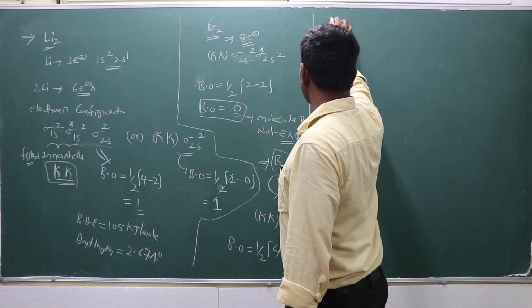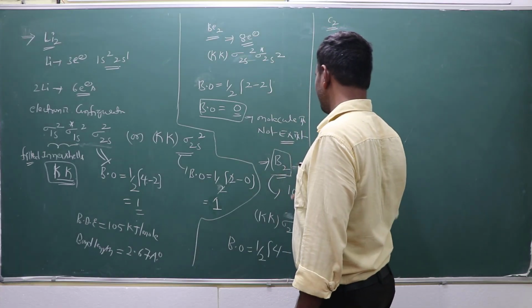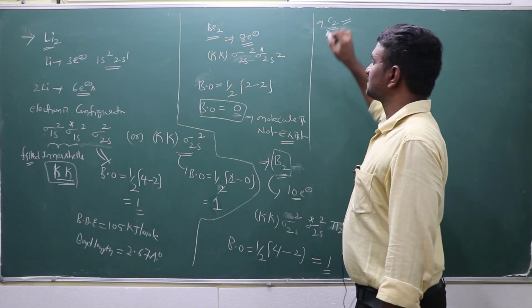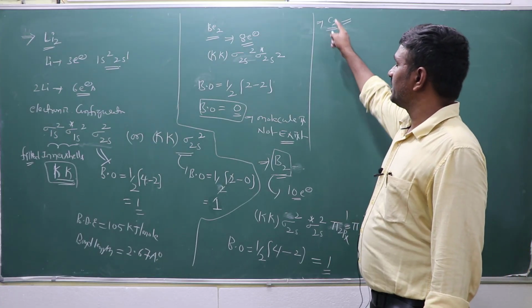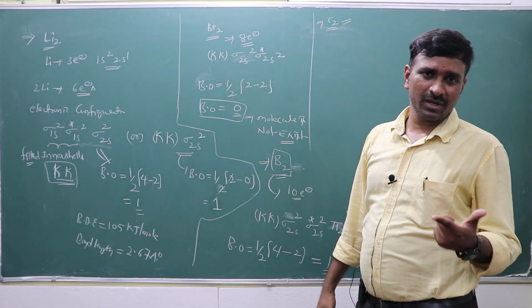Suppose it is the C2 case, after B2. In C2, what will happen? In the C2 molecule, carbon has atomic number 6.